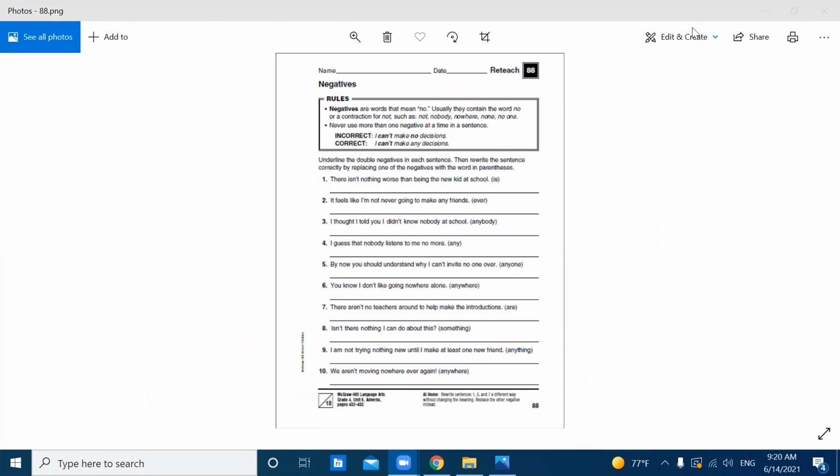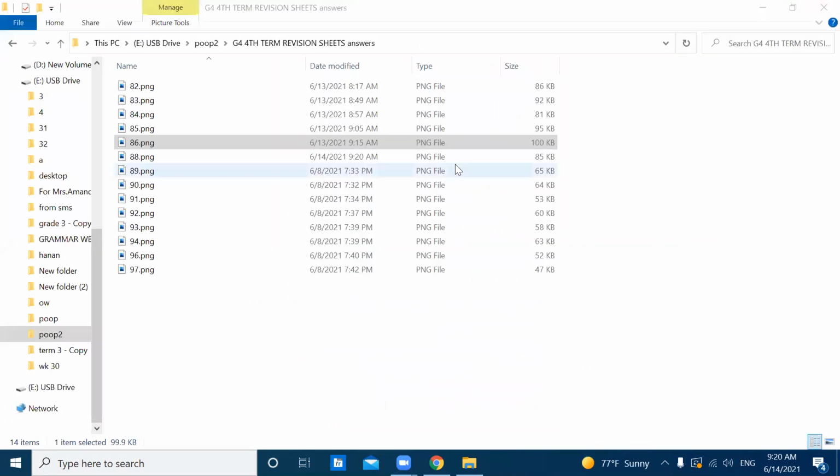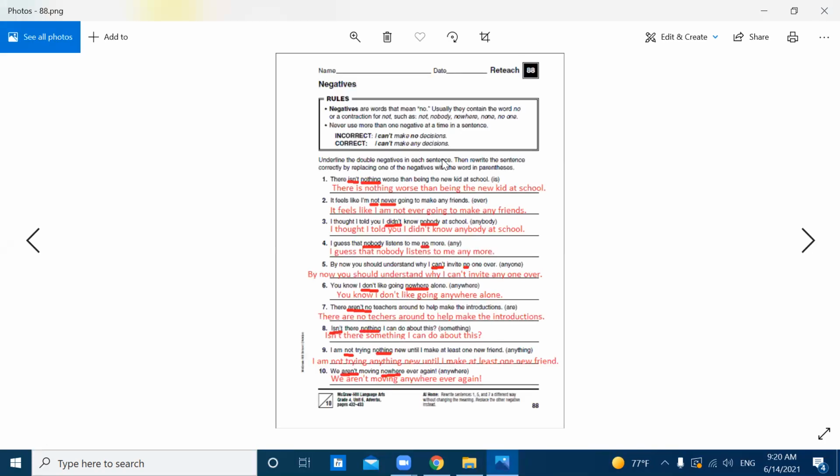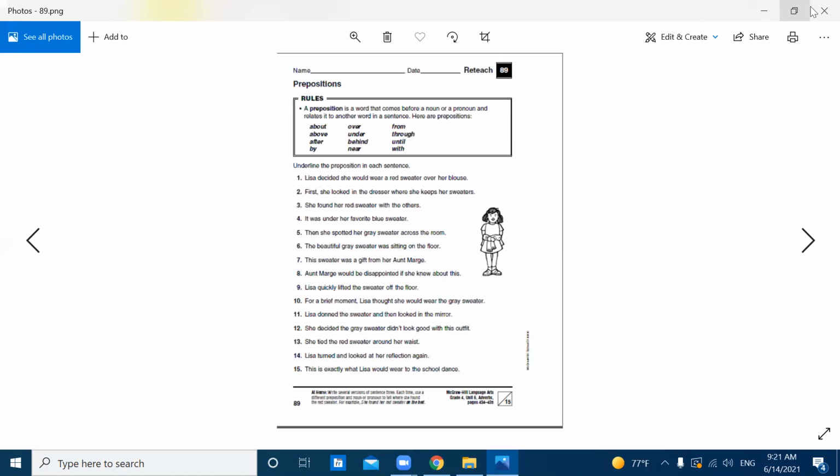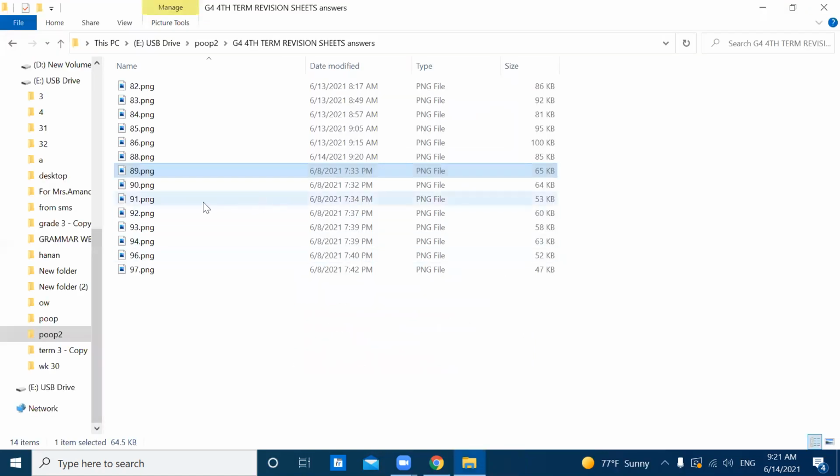Let's move to the next page. What is that? Let me move your name box so I can see. This is not on the list for today. There we go.